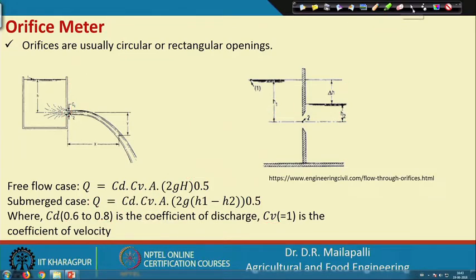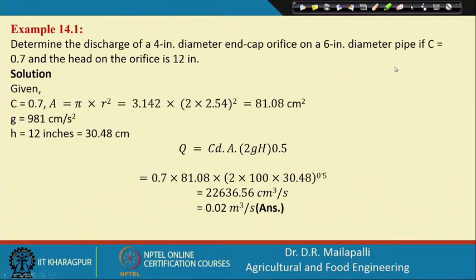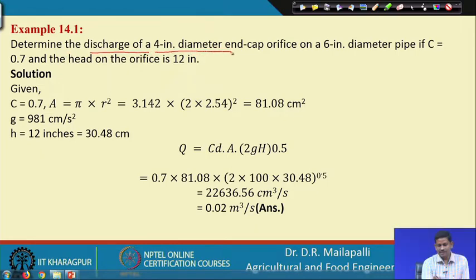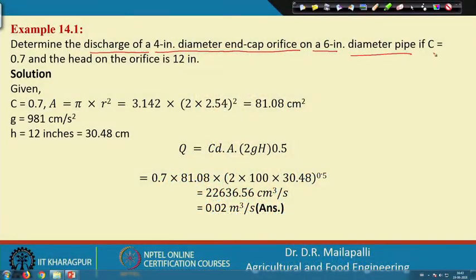So the next topic is the open channel flow meter, but before going to that, there is an example. Determine the discharge of a 4-inch diameter end cap orifice on a 6-inch diameter pipe, if C is equal to 0.7 and the head of the orifice is 12 inches.